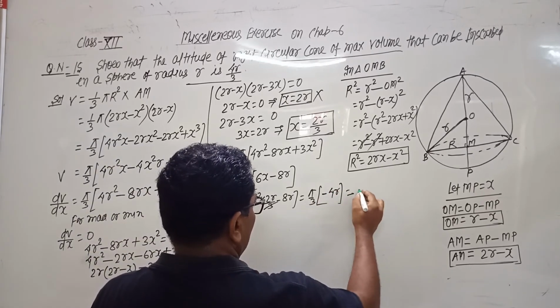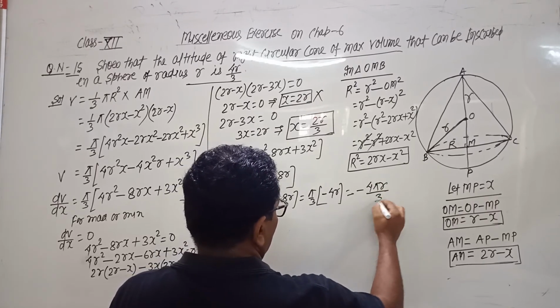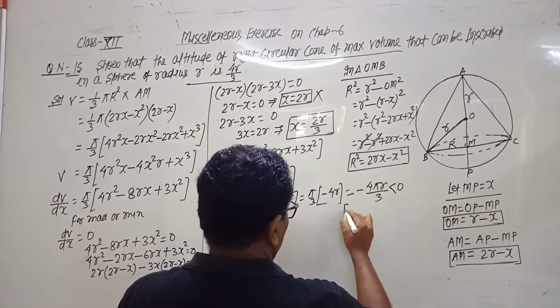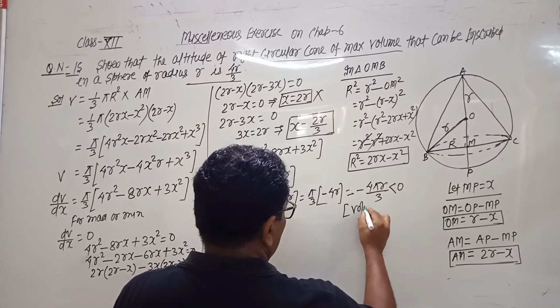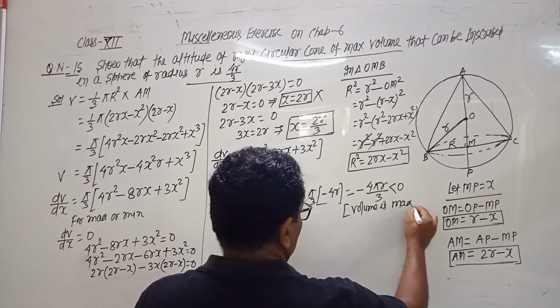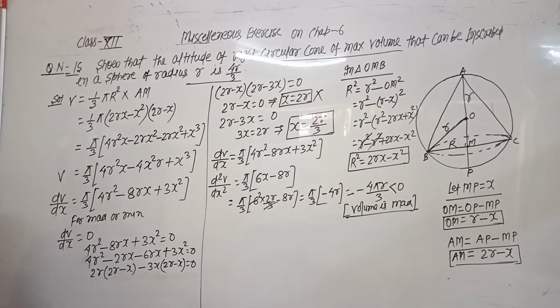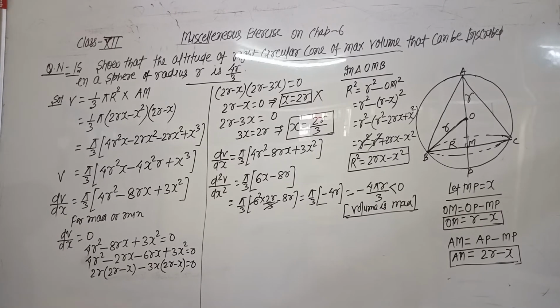So overall minus 4 pi r by 3, which is less than 0. It means volume is maximum. So the first thing is obtained: we have proved the maximum volume.